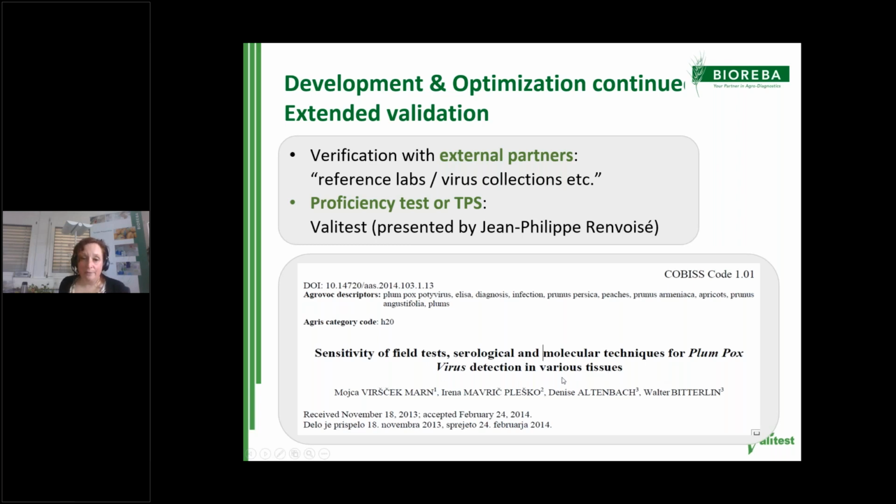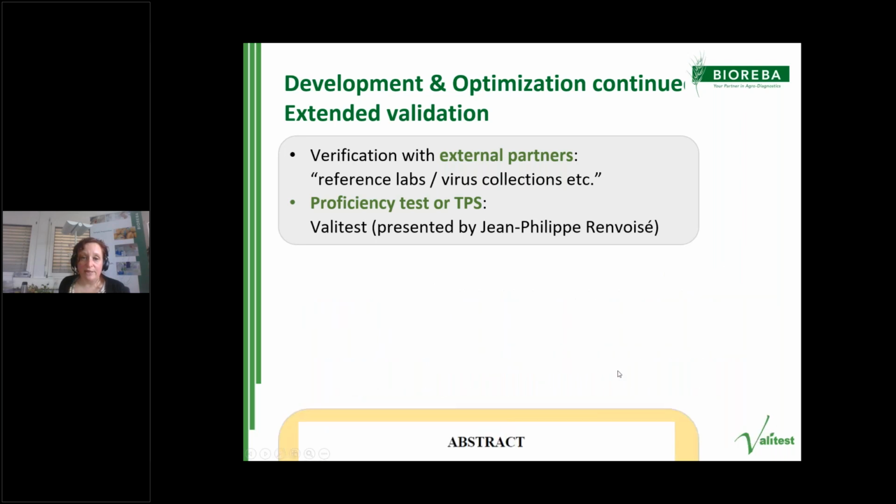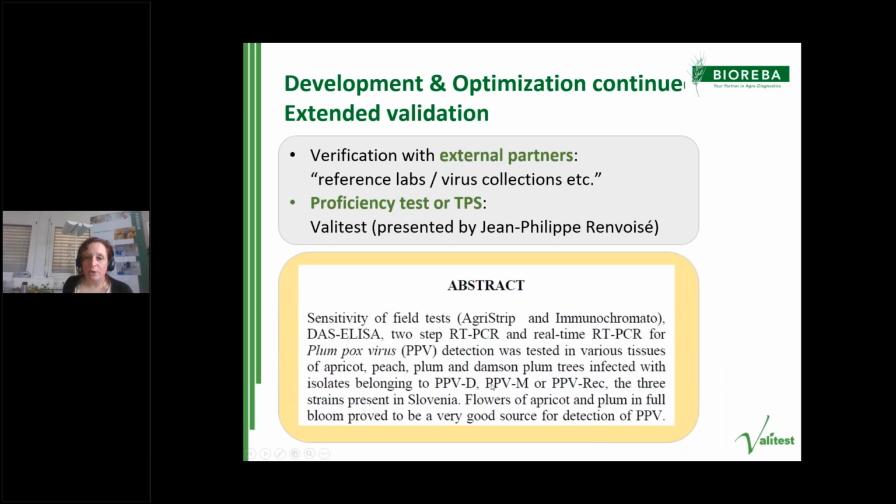And the main results were that they could detect all the isolates, also with the AgriStrip, that are present in Slovenia, and they showed nicely that flowers of apricot and plum in full bloom were a very nice source for good detection of Plumpox virus.